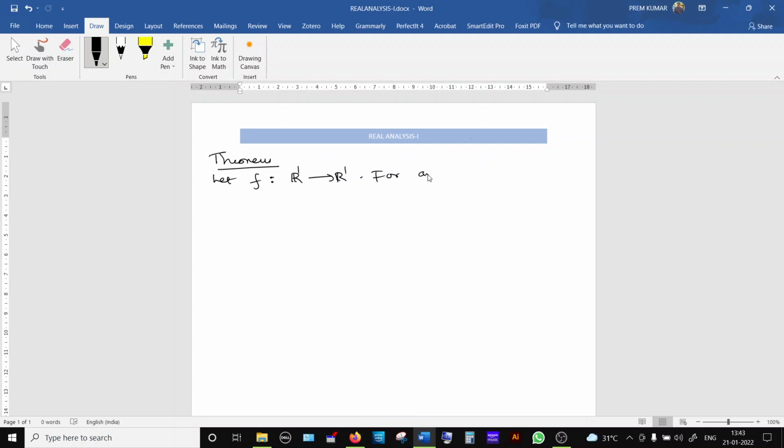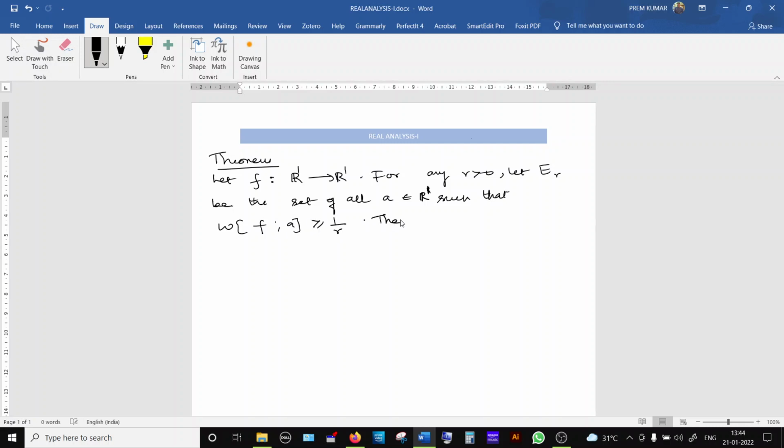For any r greater than 0, let E_r be the set of all elements a in R1 such that the oscillation of f at the point a is greater than or equal to 1 by r.